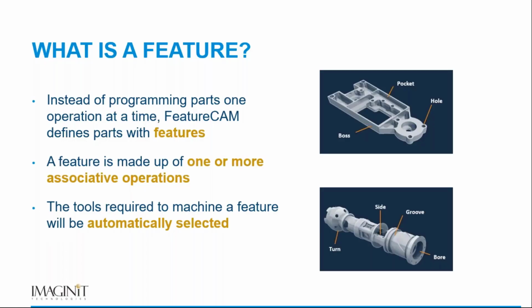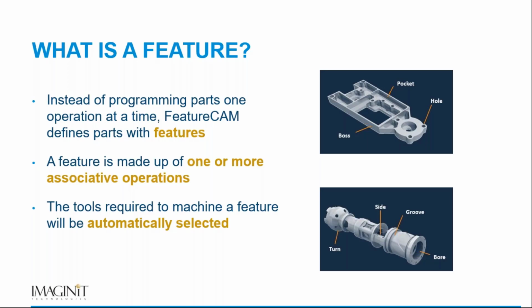If you're not familiar with what a feature is, when we get done designing a part, it's usually going to have what's known in the CAM world as a feature. A feature is what FeatureCAM uses to actually create programming.